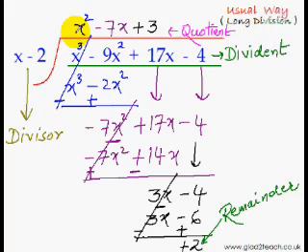Now, it is interesting to note how the powers of x are gradually reducing in the quotient or the answer. See, here it was x square, here it became x raised to power 1, and here it disappeared completely. That means it must have become x raised to power 0.